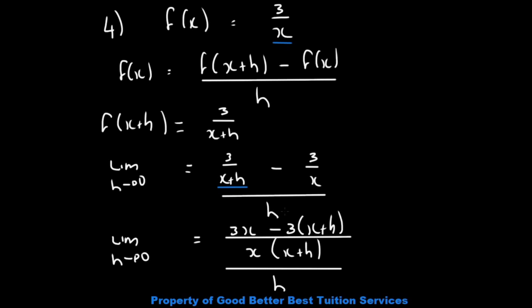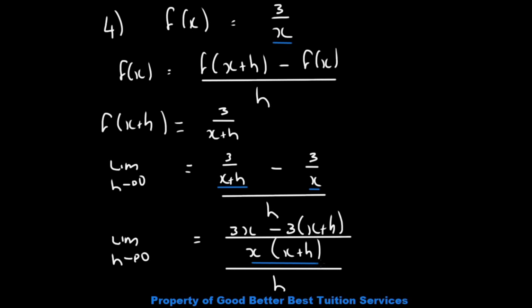So now you can see we have a fraction divided by a fraction. What we need to do is find the LCM. What are we going to find the LCM of? We're going to find the LCM of x plus h and x. And you should see that the LCM is x times (x plus h).